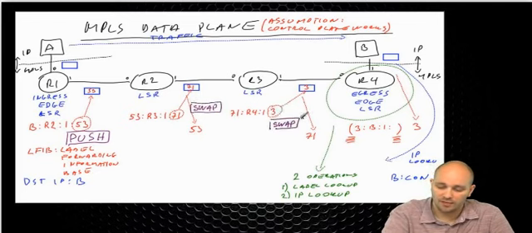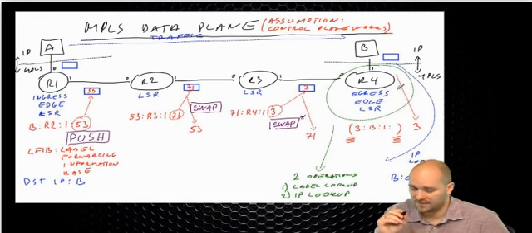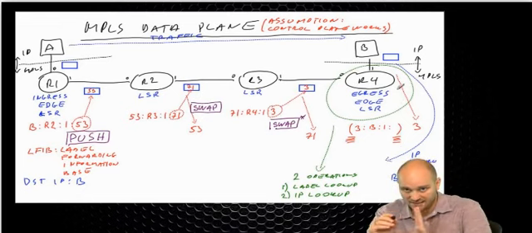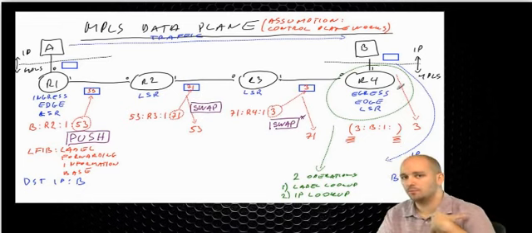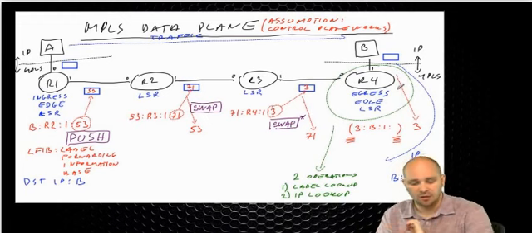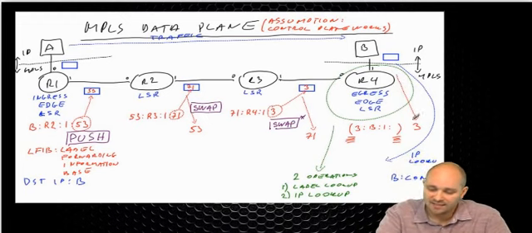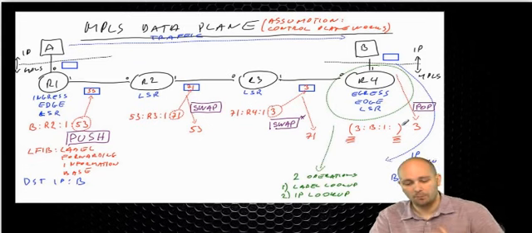and I'm going to put an asterisk here because, as I said, this is not exactly what happens, but I'm trying to explain or make you understand why this is not the way it works. And finally, this label operation here, where we actually removed label from the packet, is something that we call pop operation.